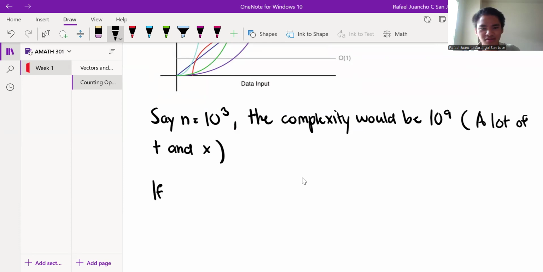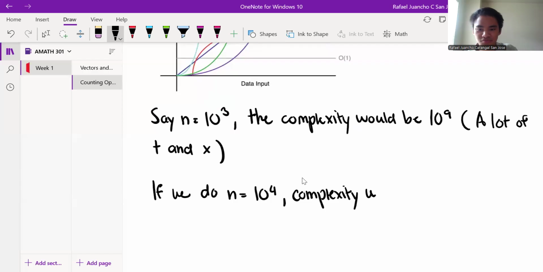Let's say we do n equals 10 to the fourth, right? Complexity would be, you're just doing some basic multiplication. 10 to the fourth, if we do O of n cubed, then that would be 10 to the 12, which is like 1,000 times more.